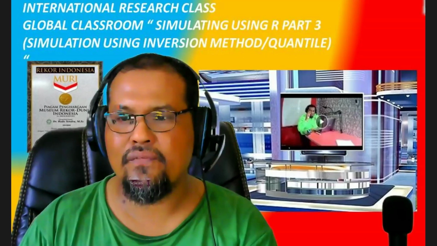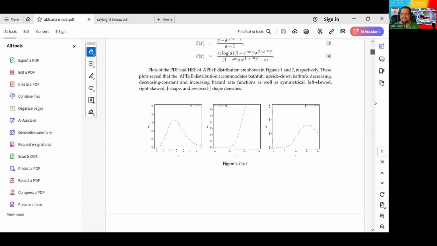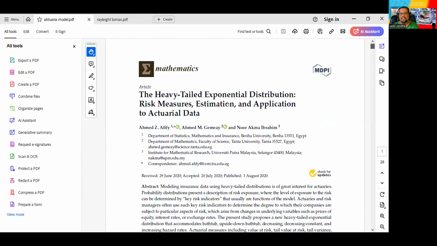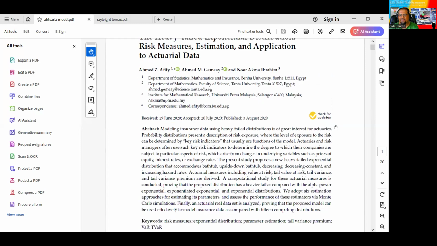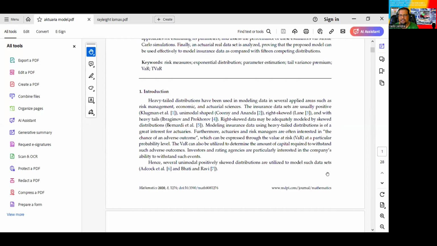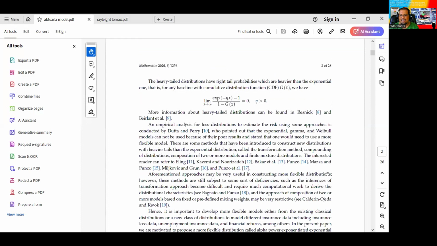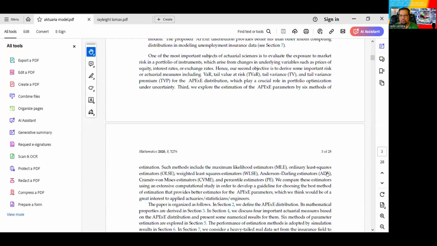The first research article has the title "The Heavy Tail Exponential Distribution, Risk Measure, Estimation, and Application to Actuarial Data." We can find the density function in equation 2.